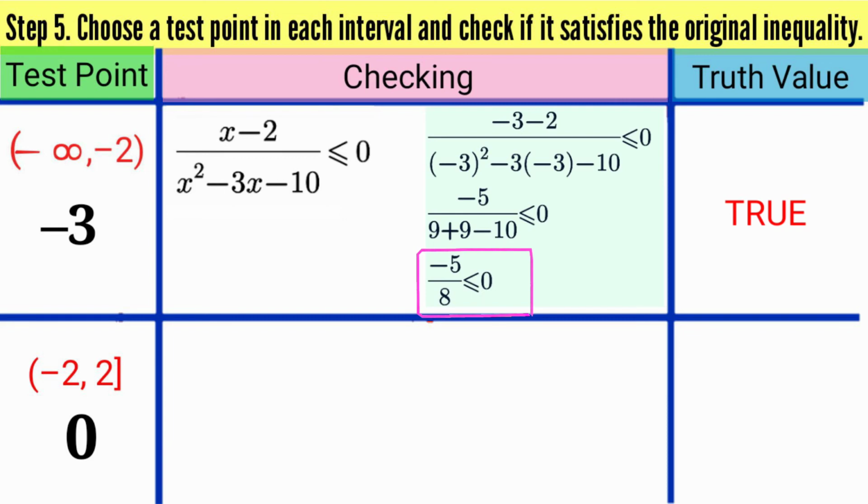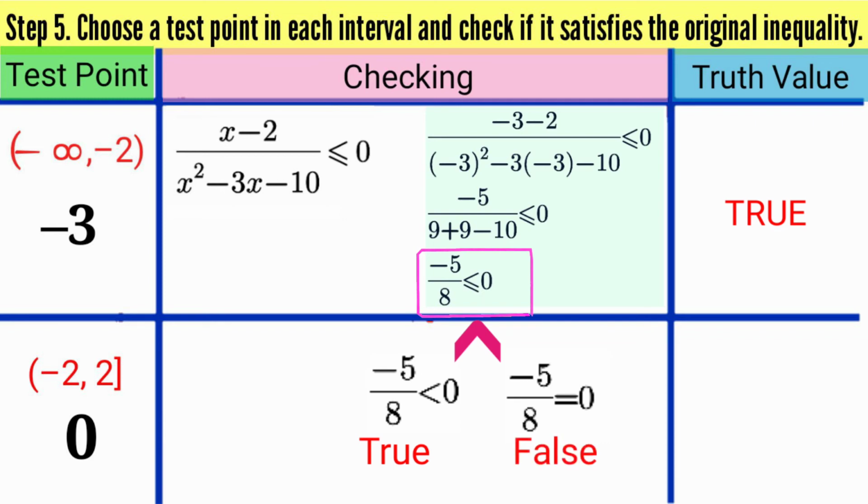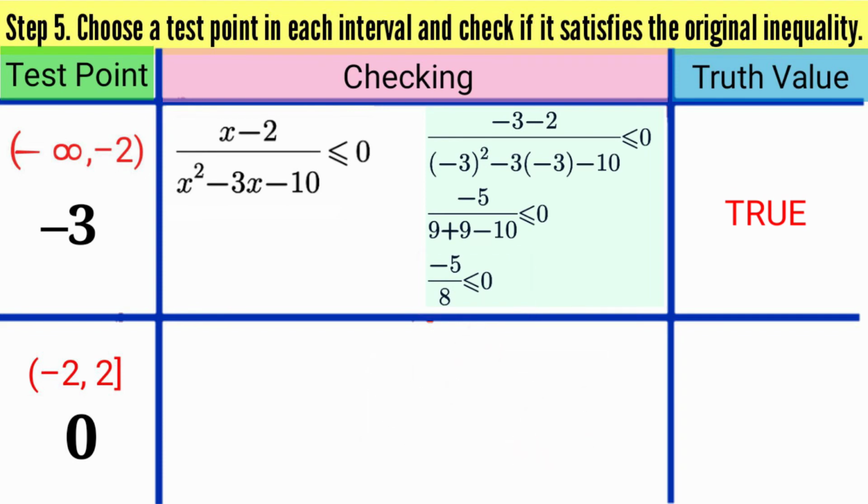Take note that if one statement is true, negative 5 over 8 is less than 0, even if the other statement, negative 5 over 8 is equal to 0, is false, then the compound statement is true. That is by the rule of inference, logical disjunction. Hence, all the values within this interval are the solution of the given rational inequality.